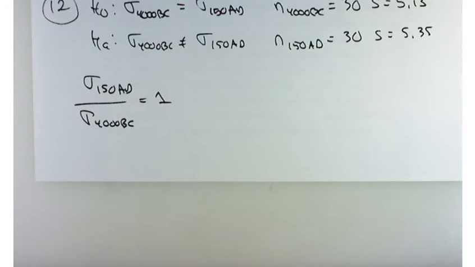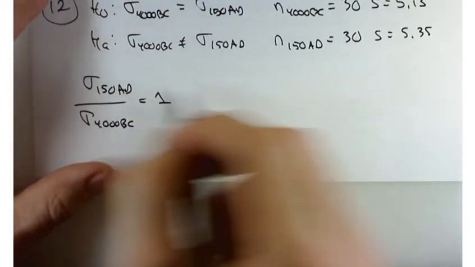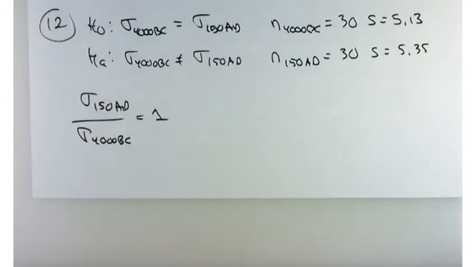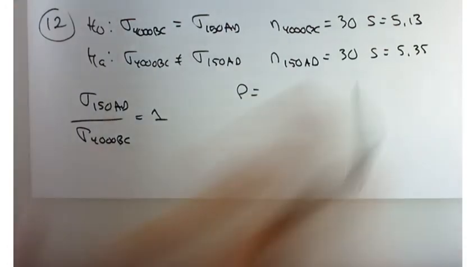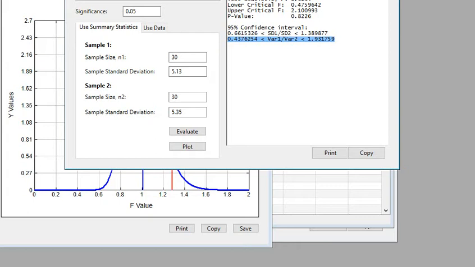So this is consistent with the null hypothesis. Finishing this up, our p-value was 0.8226, and that's a huge fail to reject. Fail to reject H0.